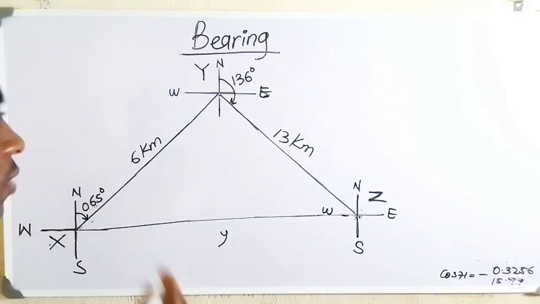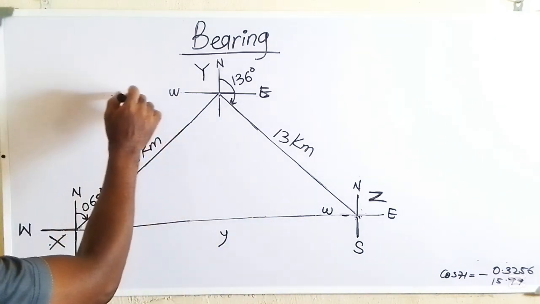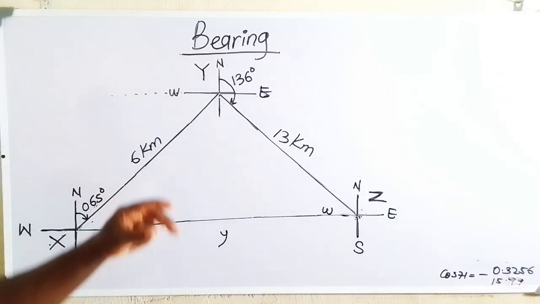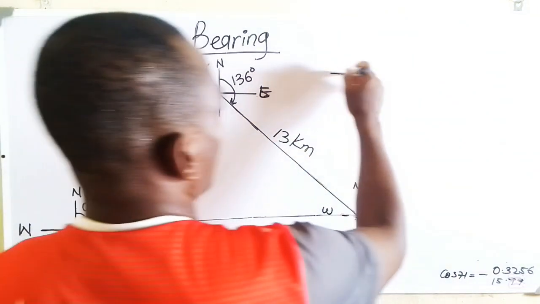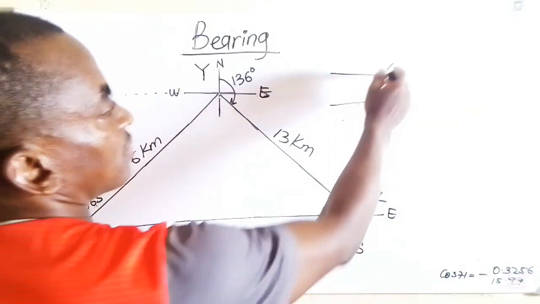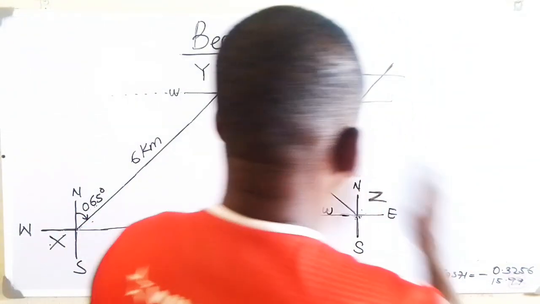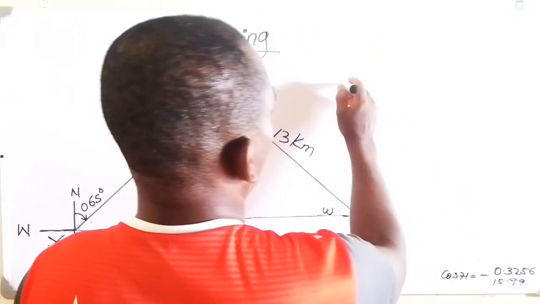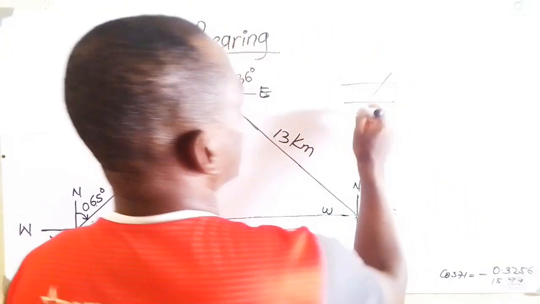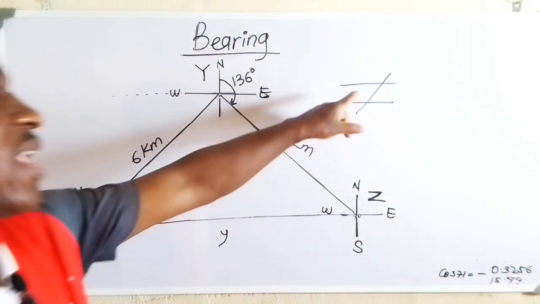Now, you know that these are parallel lines. Angles on parallel lines, when a line crosses them like this, we call it a transversal line.